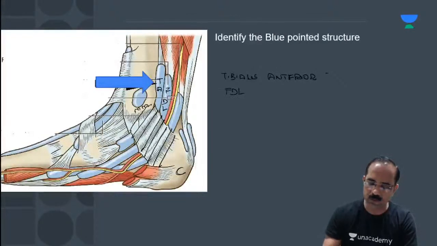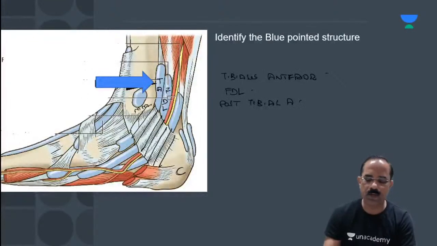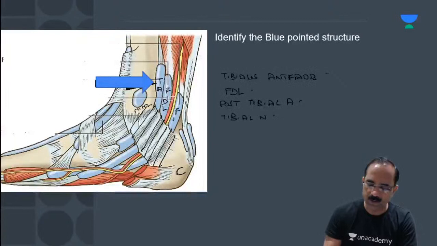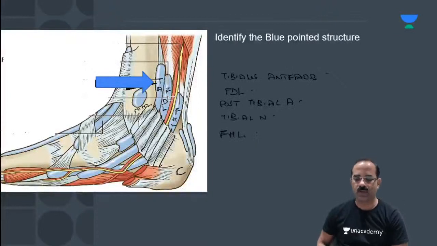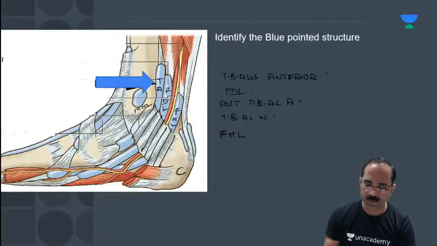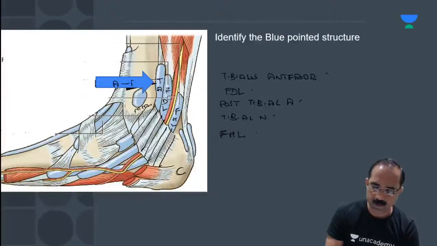Then is the posterior tibial artery. Then is the tibial nerve. And the last one is the flexor hallucis longus. Just remember this sequence is anterior to posterior.